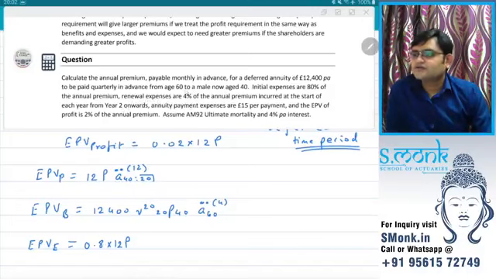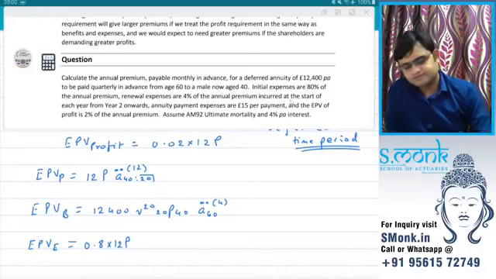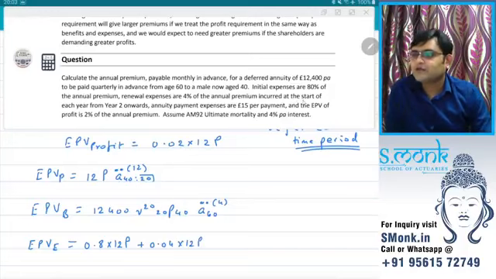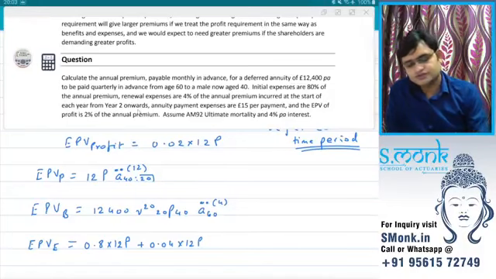Renewal expense is 4% of the annual premium, 0.04 into 12p, incurred at the start of each year from year 2 onwards. At the start of each year, so payable 1 time, a due 40:20 minus 1.